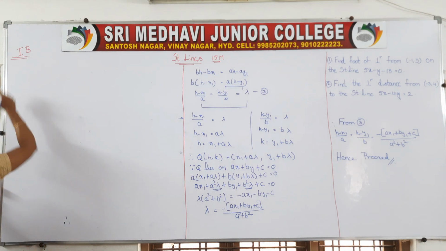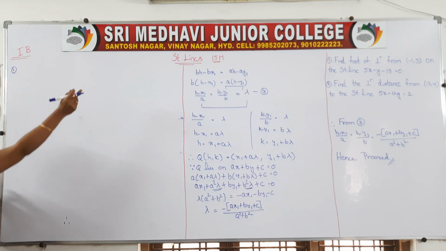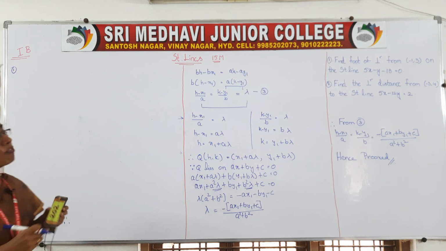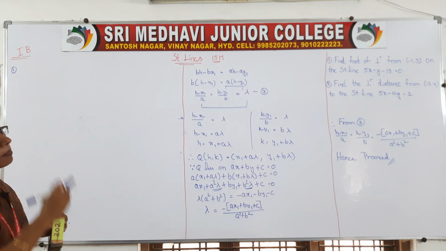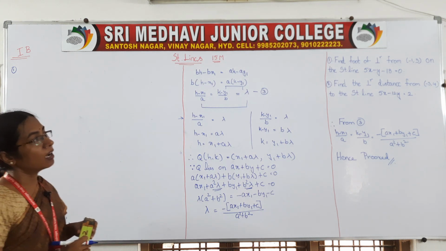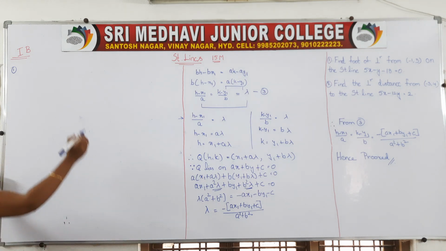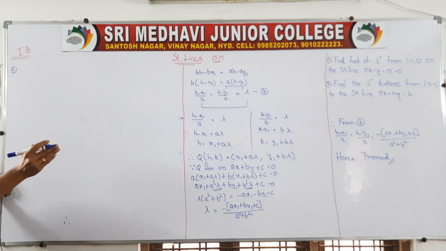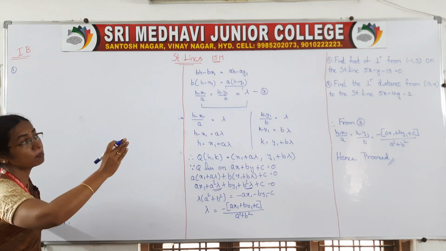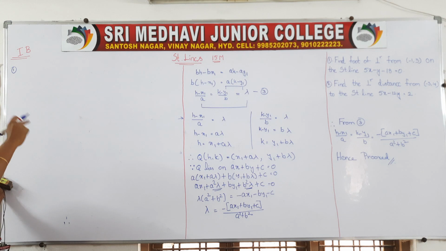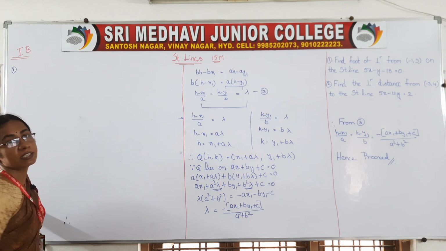So the first question is there on the board. Read the question. Find the foot of the perpendicular from minus 1 comma 3 on the straight line 5x minus y minus 18 is equal to 0. So we have to find the foot of the perpendicular. Anywhere the foot of the perpendicular is given, it is based on your previous theorem.